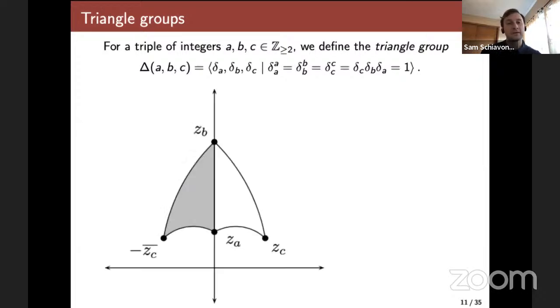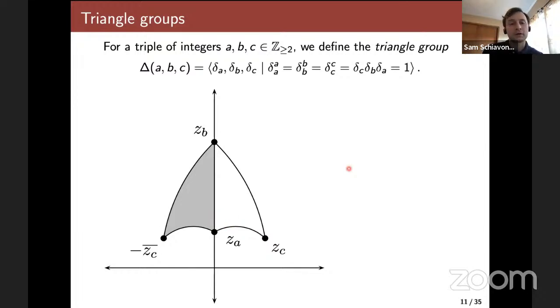A more geometric way to think about the triangle group is the following. Given these a, b, and c, we can draw a triangle with angles pi over a, pi over b, and pi over c. That will live on either the sphere, the Euclidean plane, or in hyperbolic space. Here I've drawn a hyperbolic triangle in the hyperbolic upper half plane.